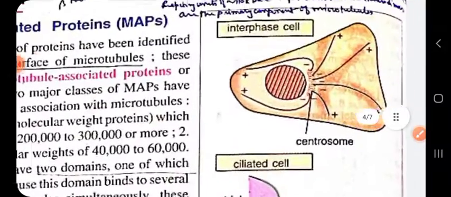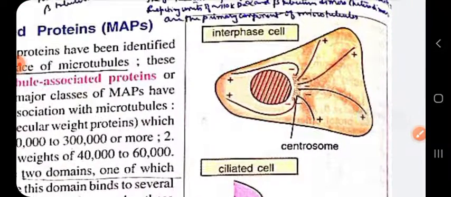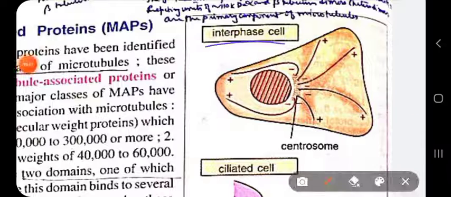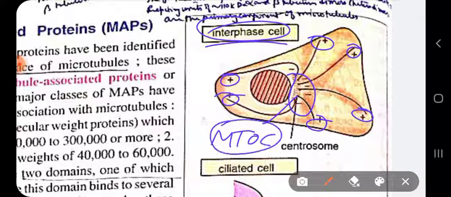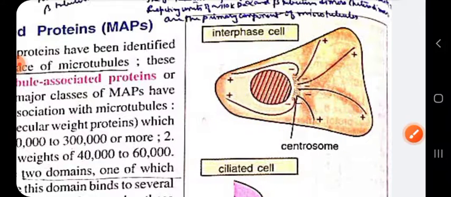See, this is an interphase cell, as you can see from the name given; its positive ends are located where? Near the plasma membrane of the cell, while the minus ends are located together, and within this site microtubule organizing centers are observed. They are protecting the minus ends of the microtubule.